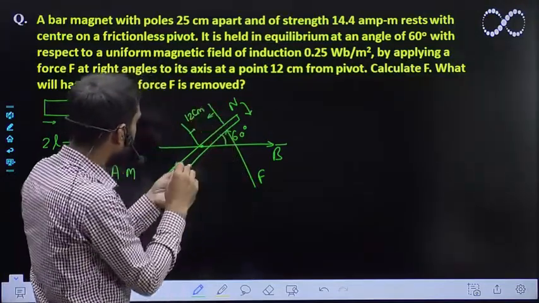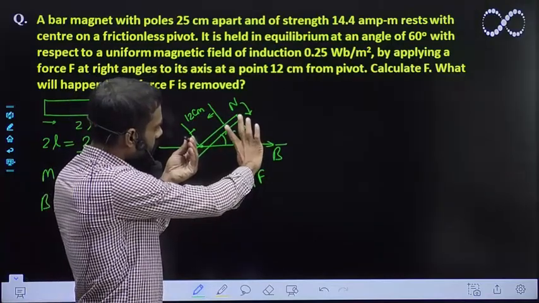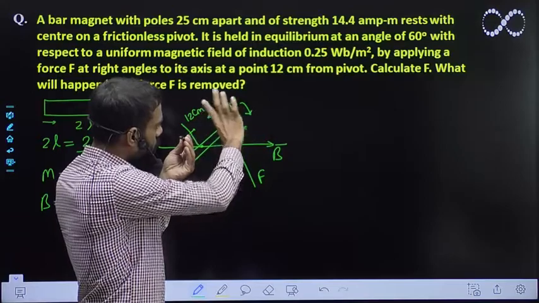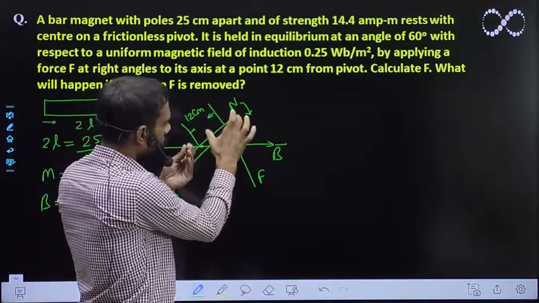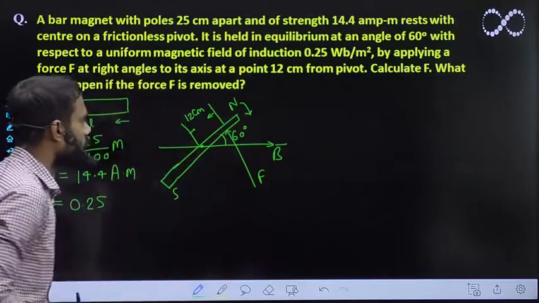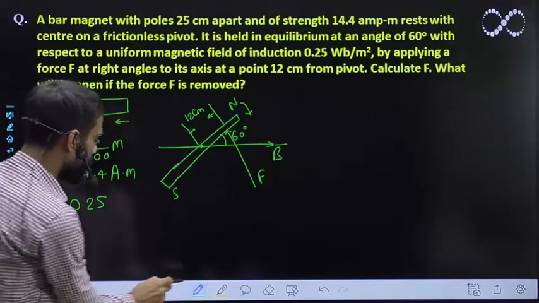I mean, this is the axis and one force is applied like this, and the distance between these two is 12 centimeter. With the application of this force, the magnet is kept at rest. This is given in the question, so now let us solve it.